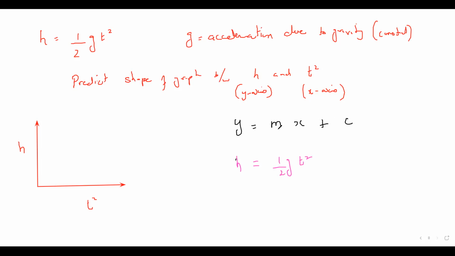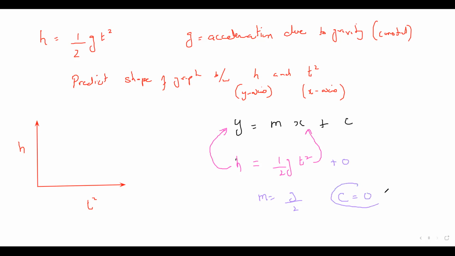So when I compare this with the equation of a straight line, with h on the y-axis and t square on the x-axis, what will be my gradient? The gradient will be equal to g by 2, or half g. And what about the y-intercept? Because nothing is added here, the y-intercept is 0.